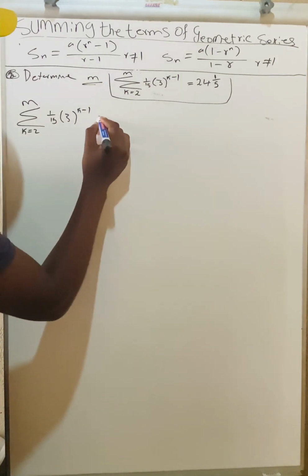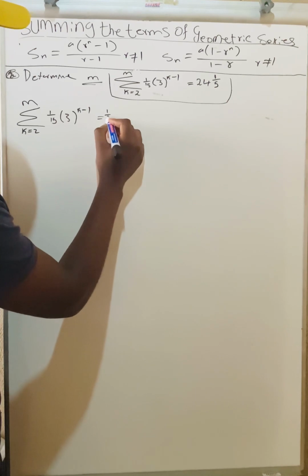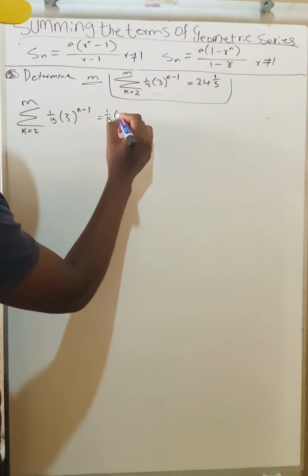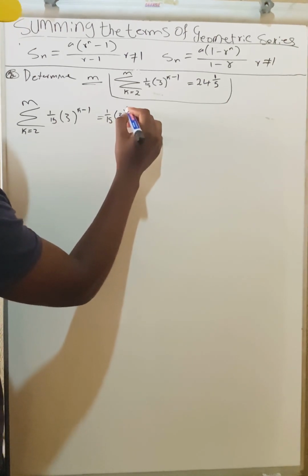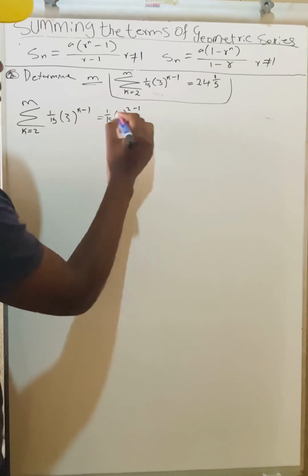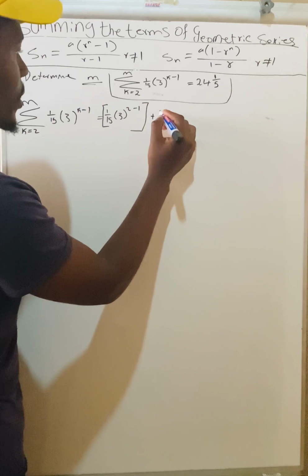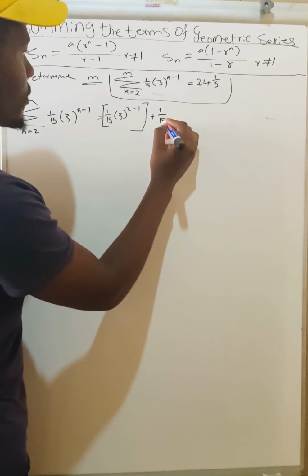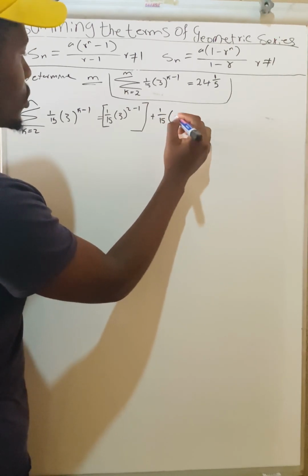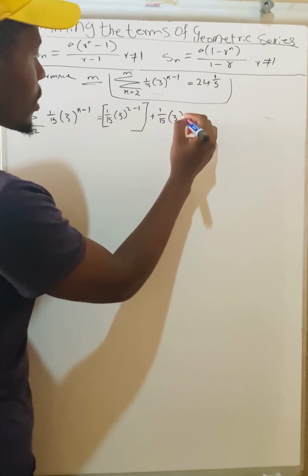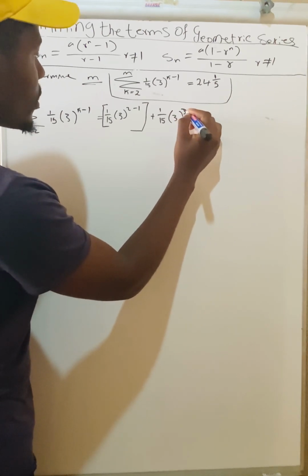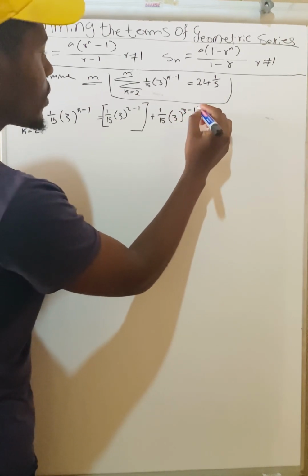It is equal to 1 over 15 times 3 to the power 2 minus 1. You can just write something like this. Then plus 1 over 15 into brackets 3 to the power 3 minus 1.